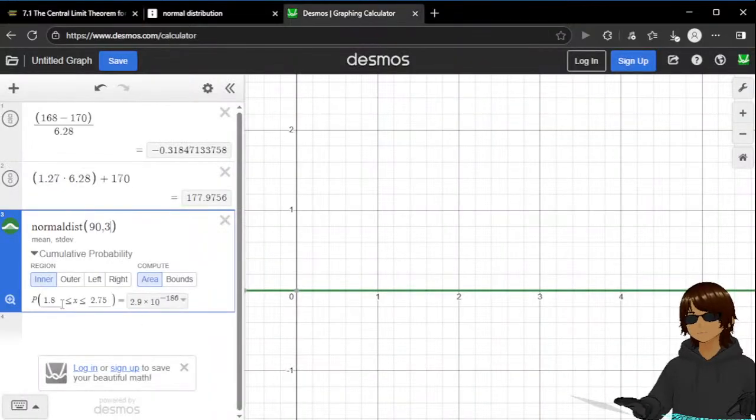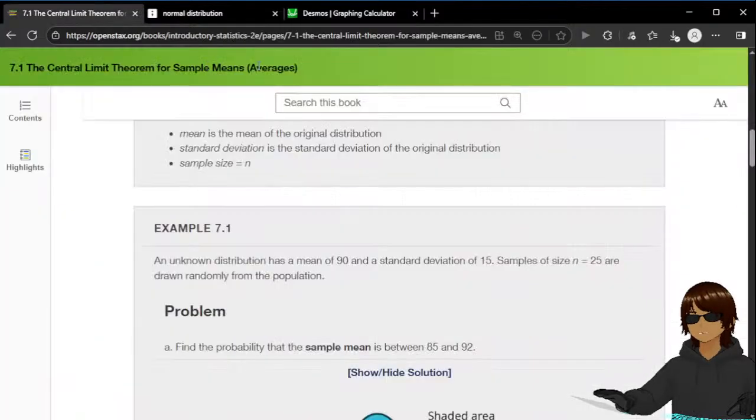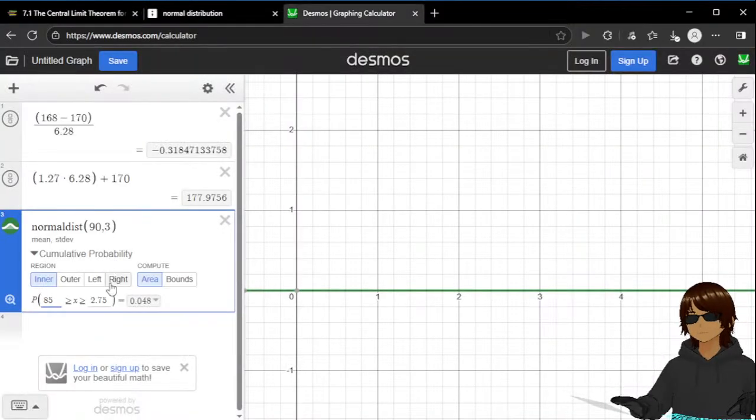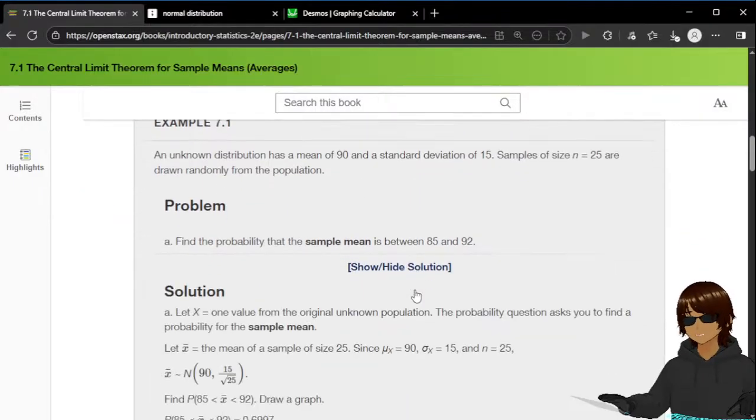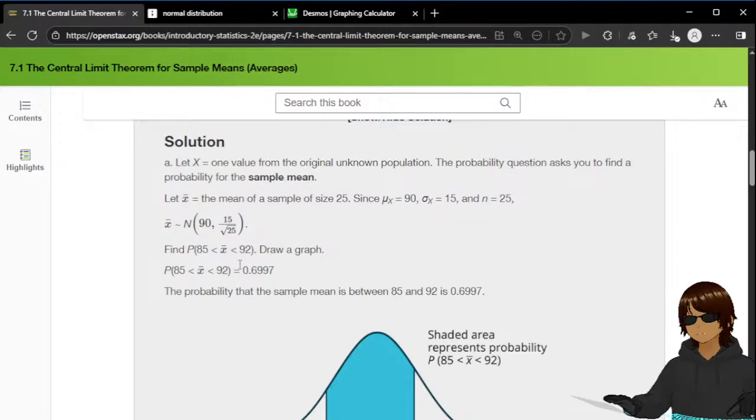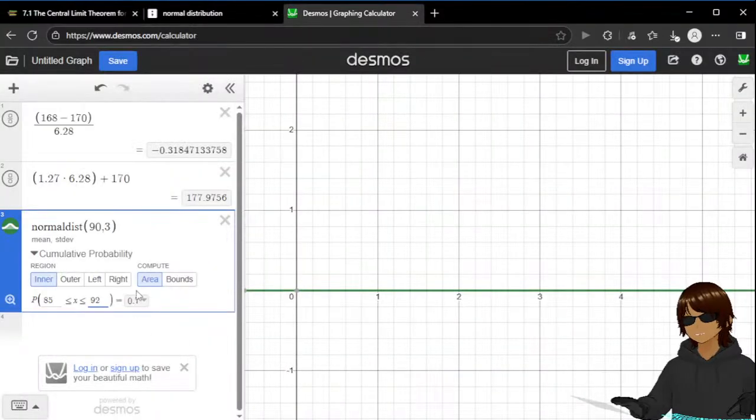Between 85 and 92, there's about a 70% chance that the mean would be inside this area, yeah.